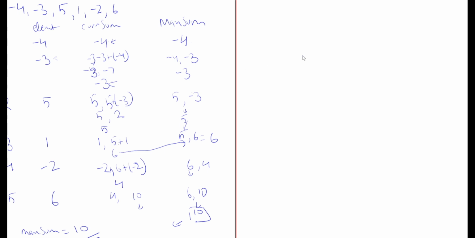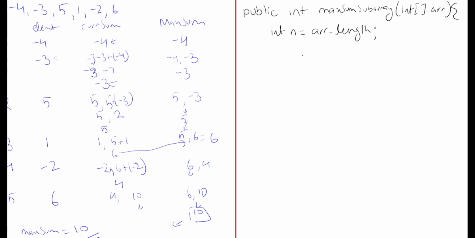What we have to do: public int maxSumSubarray, taking an int array. int n is equal to array.length. int maxSum is equal to array[0], and currentSum is equal to array[0].